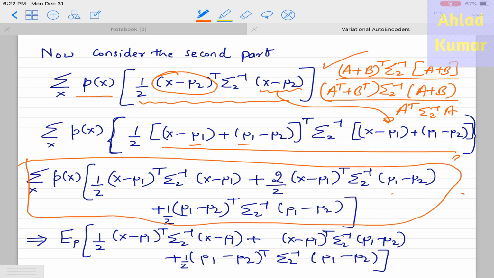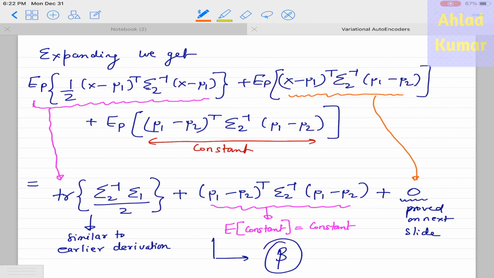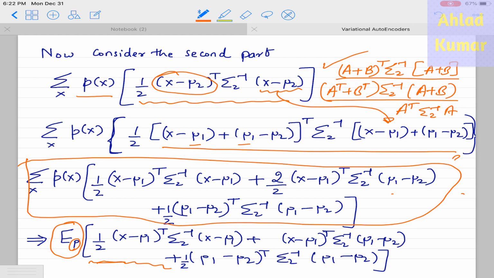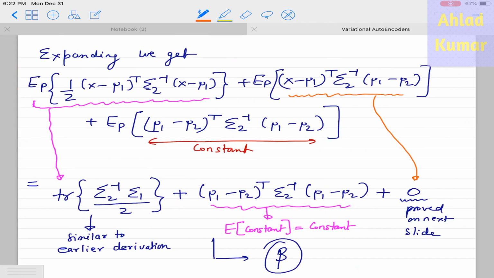Let's rewrite this expression as expectation subscript P with this argument. Let's simplify these argument values and see what results. I have just repeated the same expression here, and we observed some interesting properties.